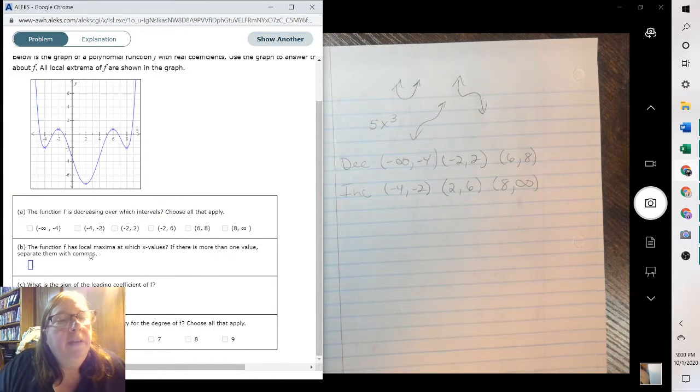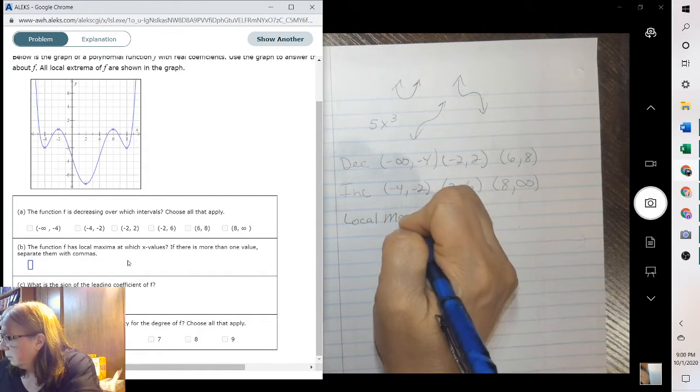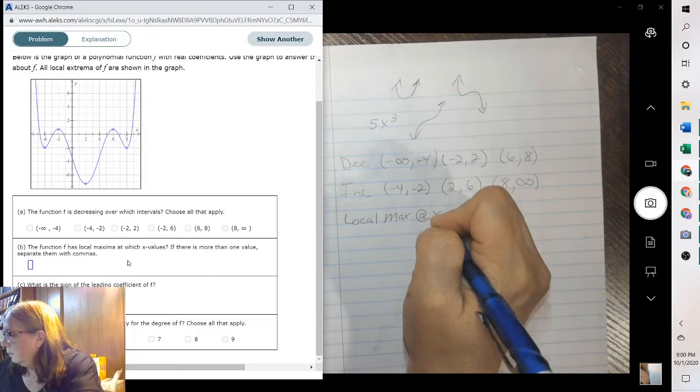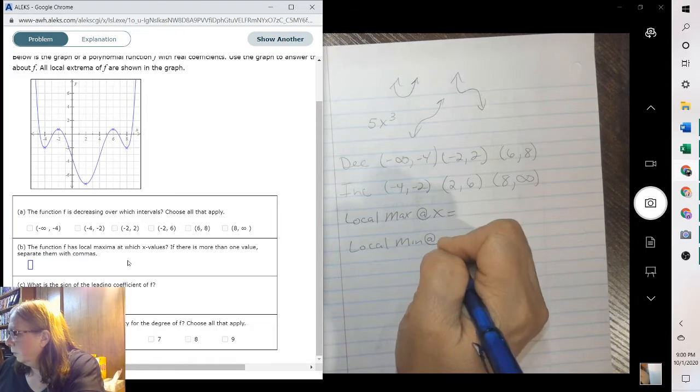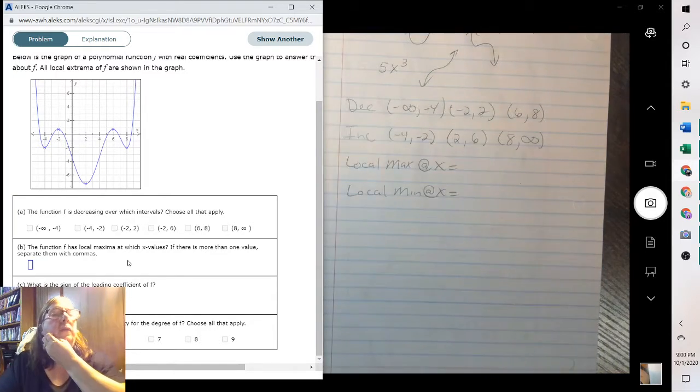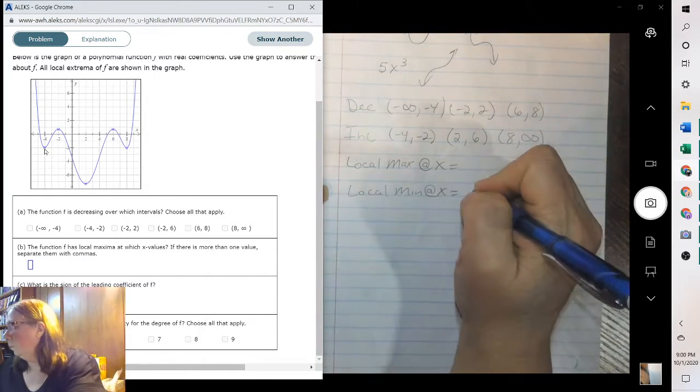The function f has a local max at what x values? If there's more than one value, separate them by commas. Okay, so we have local max at x equals, and we'll do the min at the same time just for some practice. If you look at this first one, this low point, where the increasing and decreasing change, it's at negative 4. And since that's a low point, it's a local min.